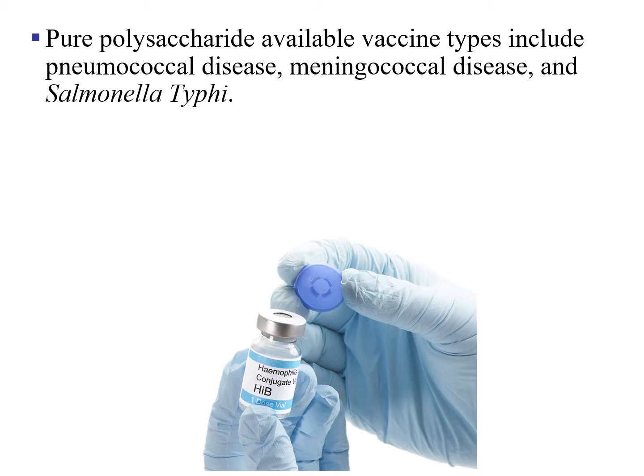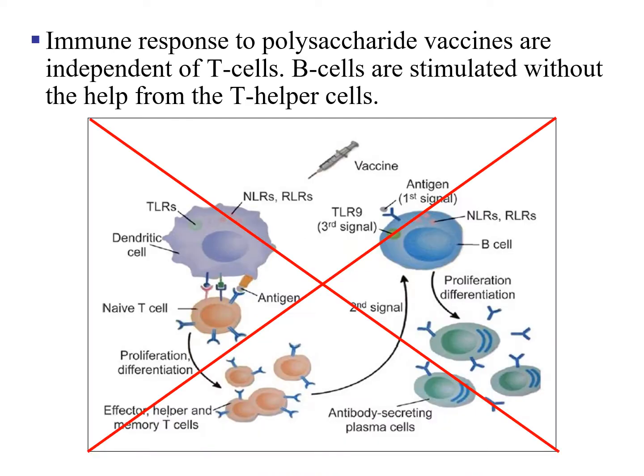Here are some other pure polysaccharide vaccines. There's one for pneumococcal disease, there's one for meningococcal disease, and there's one for Salmonella Typhi. Immune response to polysaccharide vaccines is independent of T cells.